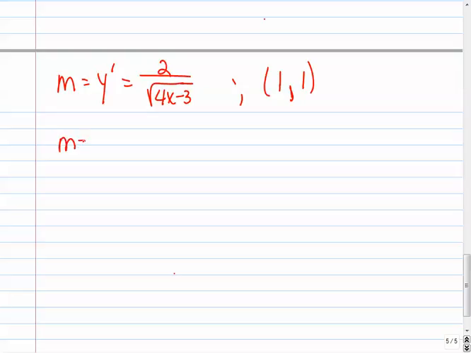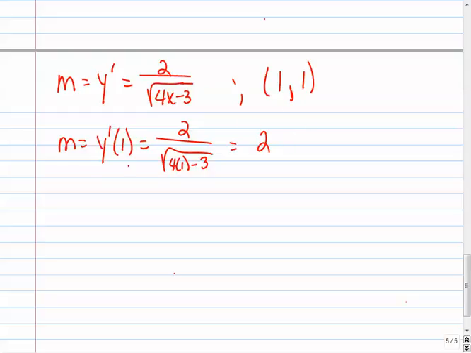So the slope, y prime when x is 1, will be 2 over the square root of 4 times 1 minus 3. And so that's going to be 2. And in the denominator, that'd be 4 minus 3, which is 1. The square root of 1 is 1, so the slope is just 2. So our slope is 2.